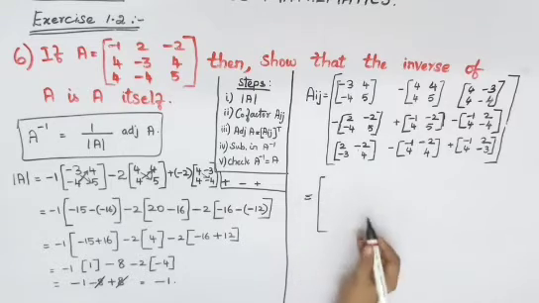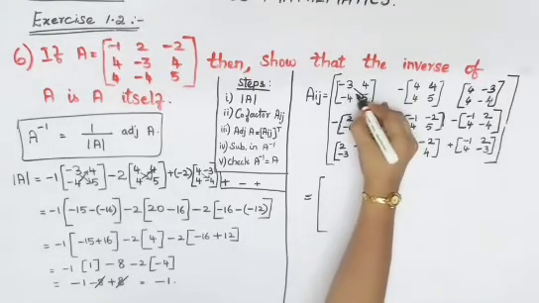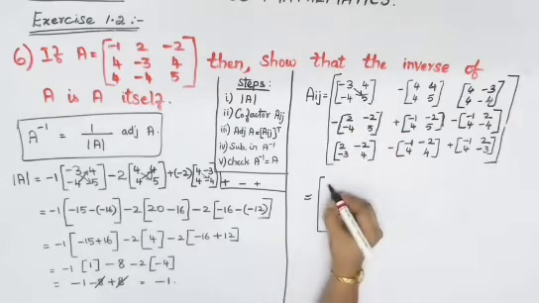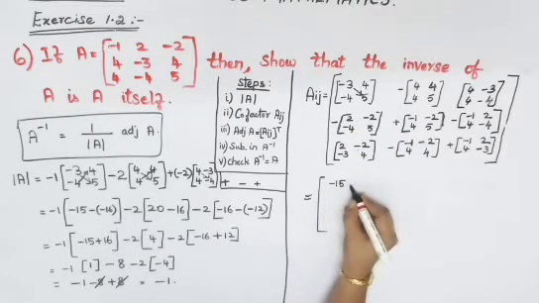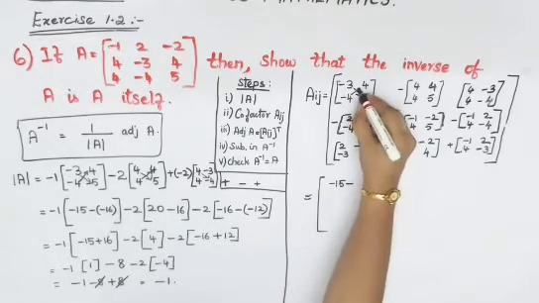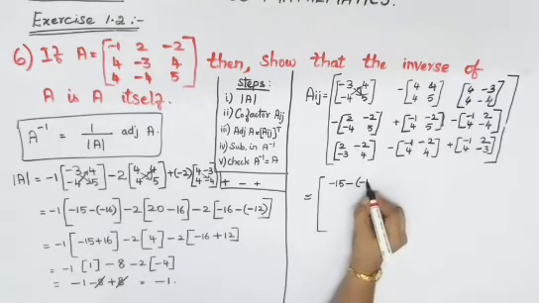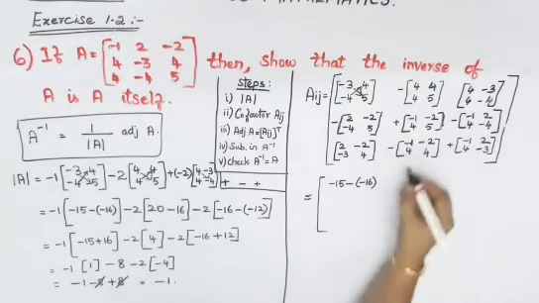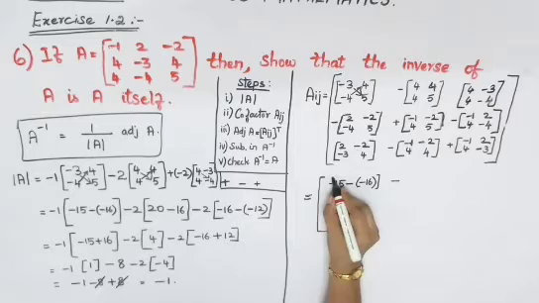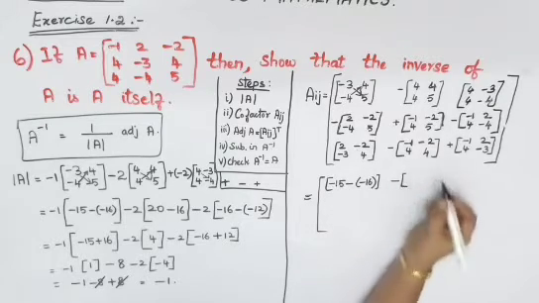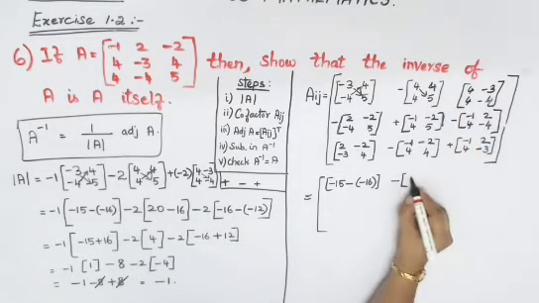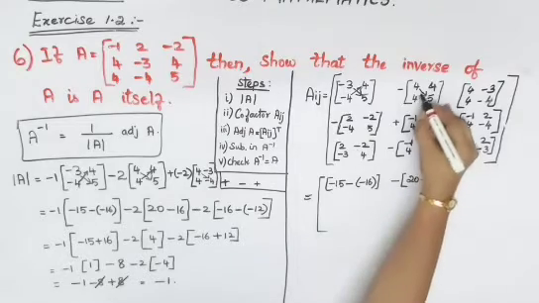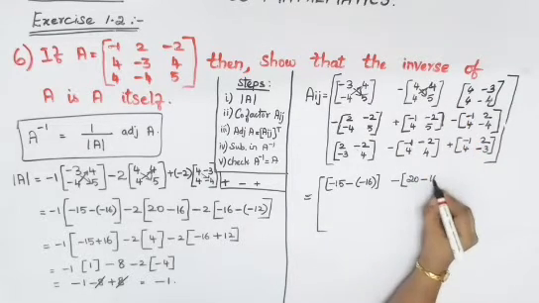Open your bracket, diagonal multiplication. So minus 15 minus of minus 4 plus 4 is minus 16. Then this minus, open your bracket, 4 5s are 20 minus 4 4s are 16.